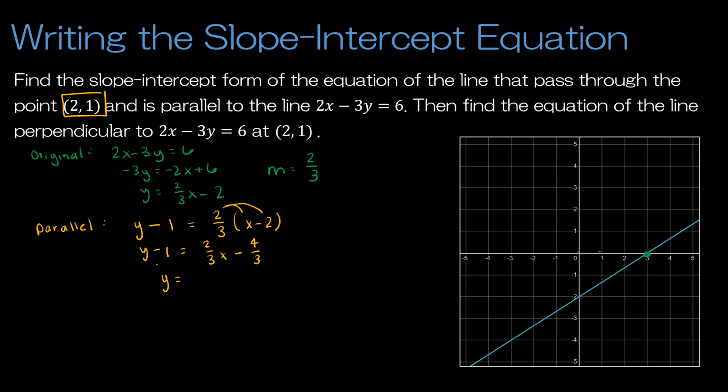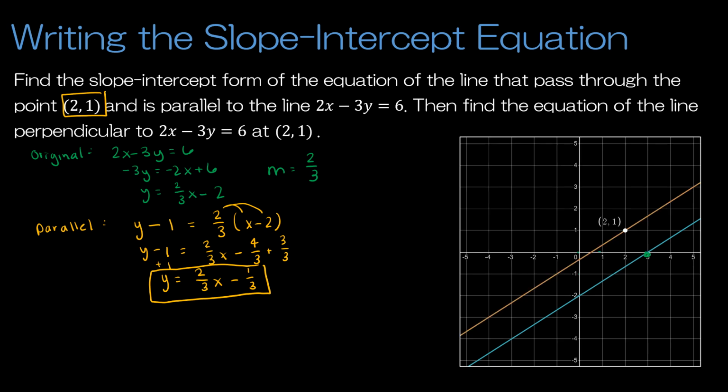And keep in mind, as I add 1 over here, I'm going to think about 1 as 3/3 because when I add, I want those denominators to be the same. So I'm going to have y equals 2/3 x, and I have a -4/3 and a positive 3/3, so that's minus 1/3. So this is the line parallel. So we're saying it's probably going to go through about right here at -1/3. So let's take a look. I'm not very good at estimating apparently, but yes, that is in fact at -1/3, and it has the exact same slope and goes through the point (2, 1).